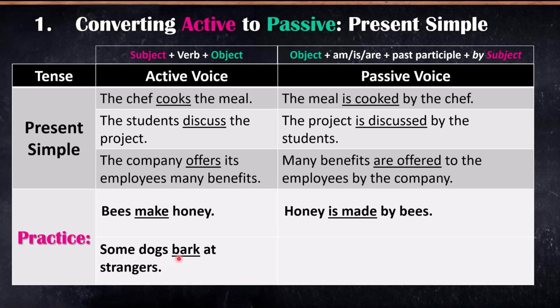Some dogs bark at strangers. Okay. Again, we're beginning with the object, so we begin with strangers. Strangers are barked at by some dogs. Strangers is plural, so we use are barked at by some dogs.